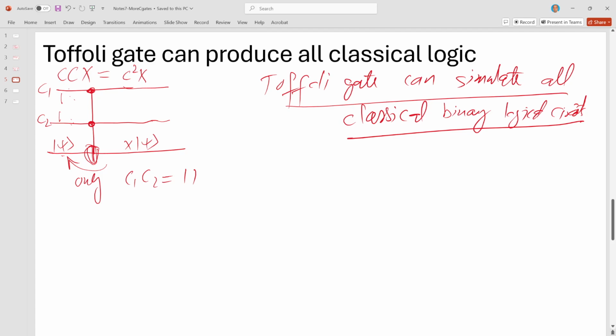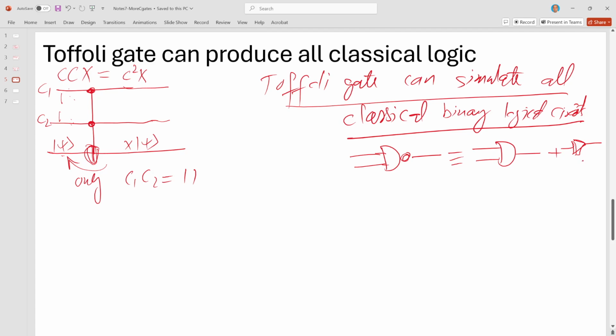If you recall, in classical binary logic, the NAND gate is universal. If you can implement a NAND gate, you can implement any logic. And a NAND gate is essentially an AND gate followed by a NOT gate.